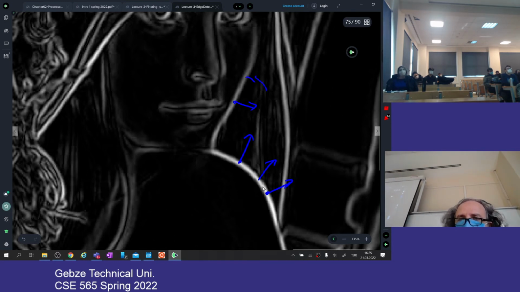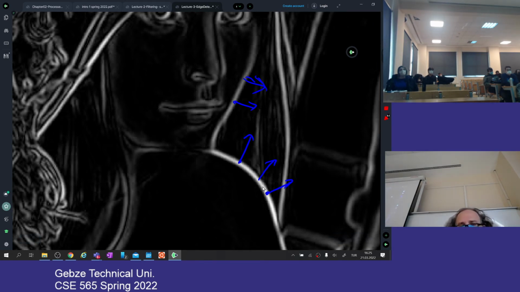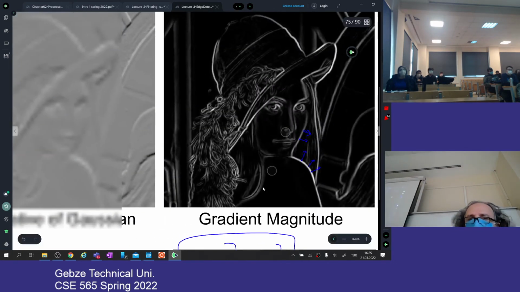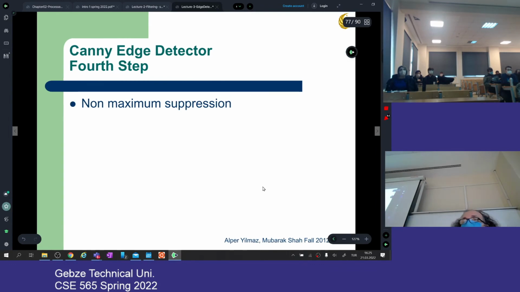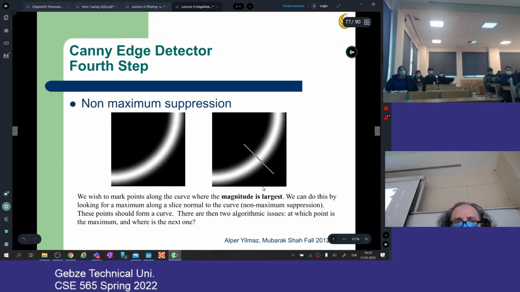It is showing you where to go to a lower pixel, the dimmer pixel, the low intensity level pixel. So for each point I have that from the color image. So what are we going to do? We are going to use those two images for non-maximum suppression.